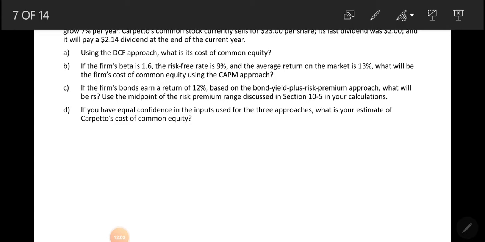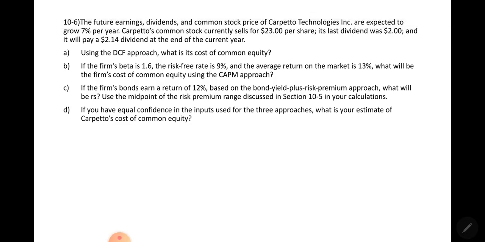Moving ahead to the last part, which says if you have equal confidence in inputs used for the three approaches, what is your estimate of Carpeto's cost of common equity? So the three approaches gave us different answers. The first one gave us an answer of 16.3%, the second one gave us 15.4%, and the last one gave us 16%.